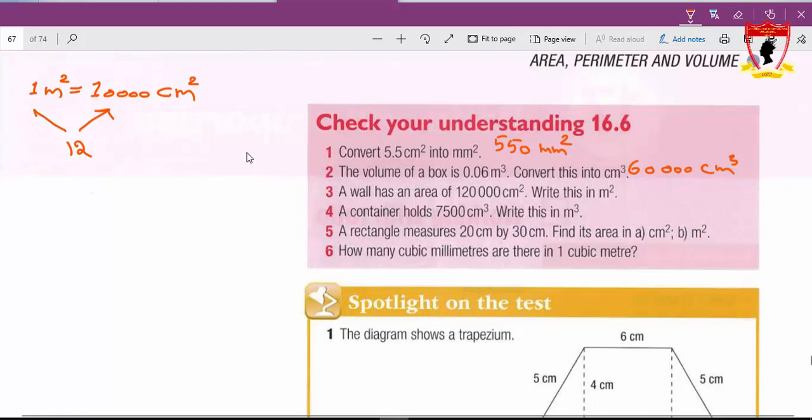And automatically the answer appears here. So it will be 12 meters square, which is the same as, there are 4 zeros, copy them down, 1, 2, 3, 4. 12 times 1 is 12. Now we got 120,000, just like the question. And on the other hand, we have 12 meters square.